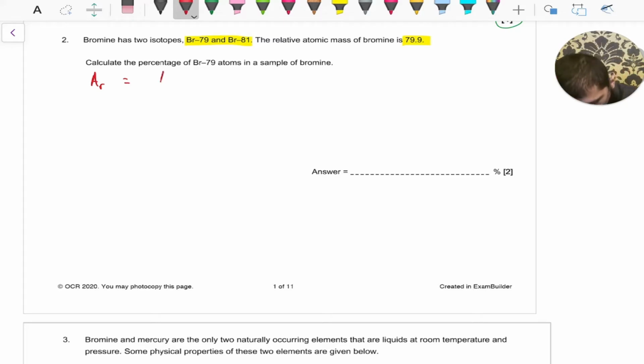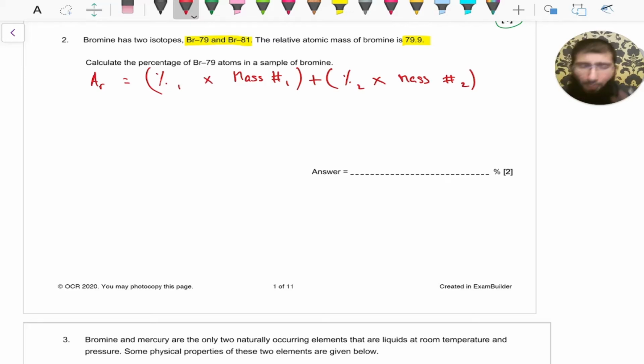So percentage of isotope 1 multiplied by the mass number of isotope 1 plus the percentage of isotope 2 multiplied by the mass number of isotope 2. I'm going to limit it to 2 because there's only 2 isotopes in this, bromine 79 and bromine 81, divided by 100. So now it's a matter of subbing in the data.